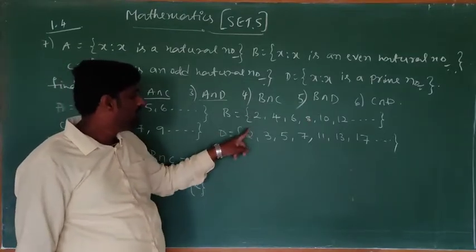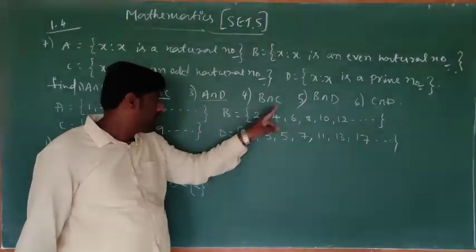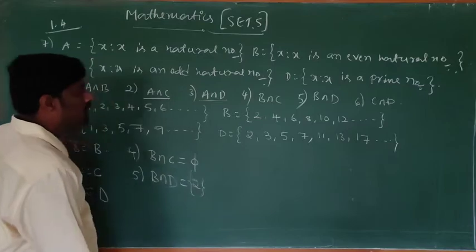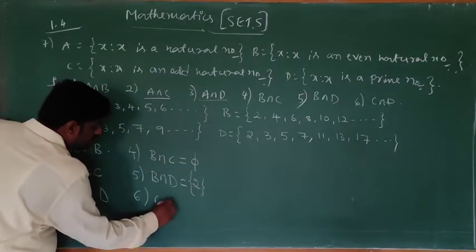So B intersection D is 2. 3, 5, 7 are not even numbers, but the even prime number is only 2. So 2 is common. Next, sixth question, C intersection D.